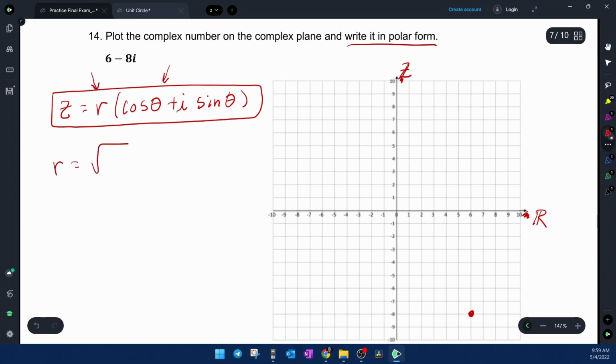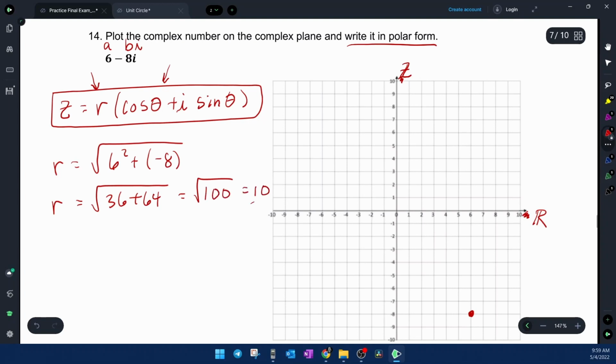R is the square root of a squared plus b squared. Remember, for a complex number, the standard form is a plus bi. So here we can see a is 6 and b is -8. Plugging into our formula, that's going to give us the square root of 36 plus 64, which is the square root of 100, which is 10.